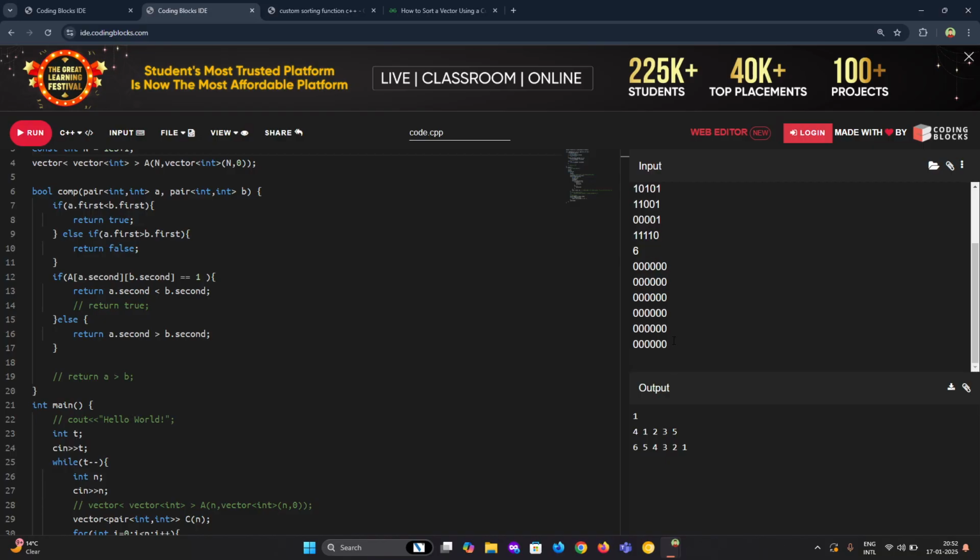If I make an edge between 6 and 5, okay, so it would look like this. 5th position at 7. So 6 and 5 have an edge. So 5, 6, 4, 3, 2, 1. Okay.